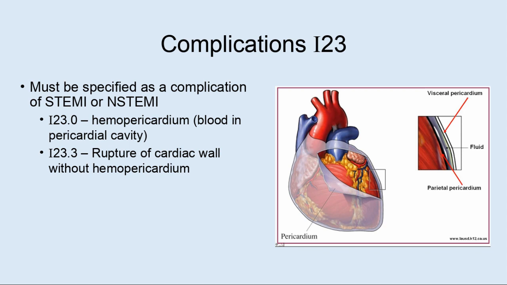Must be specified as a complication, I23.0, hemopericardium, blood in the pericardial cavity. Here's the pericardium, the membrane around the heart, and blood can form between the heart and the pericardium. There's also a code for rupture of the cardiac wall without hemopericardium. So it ruptures, but fluid does not collect in the pericardium.